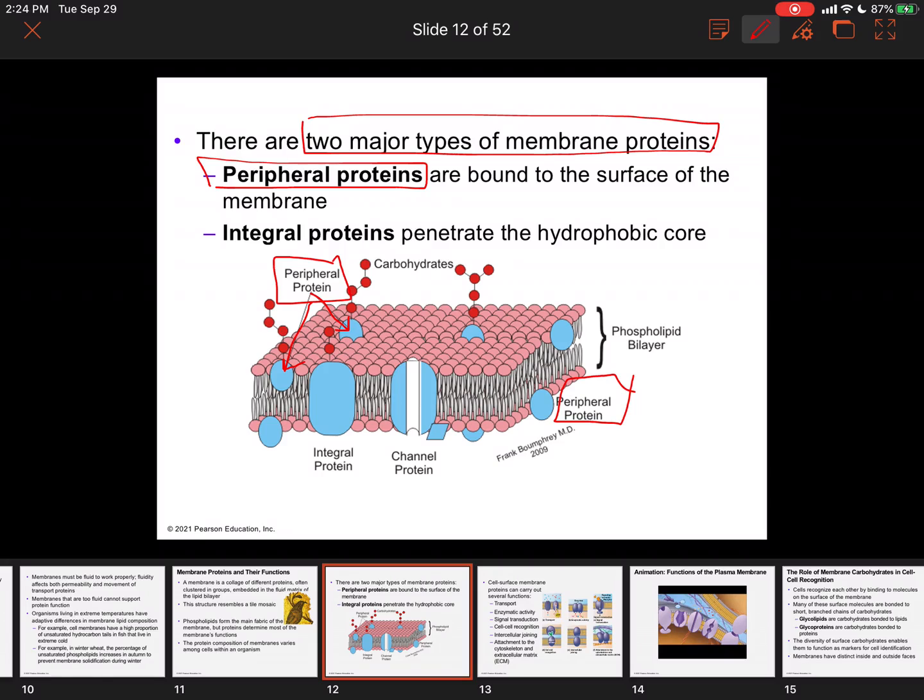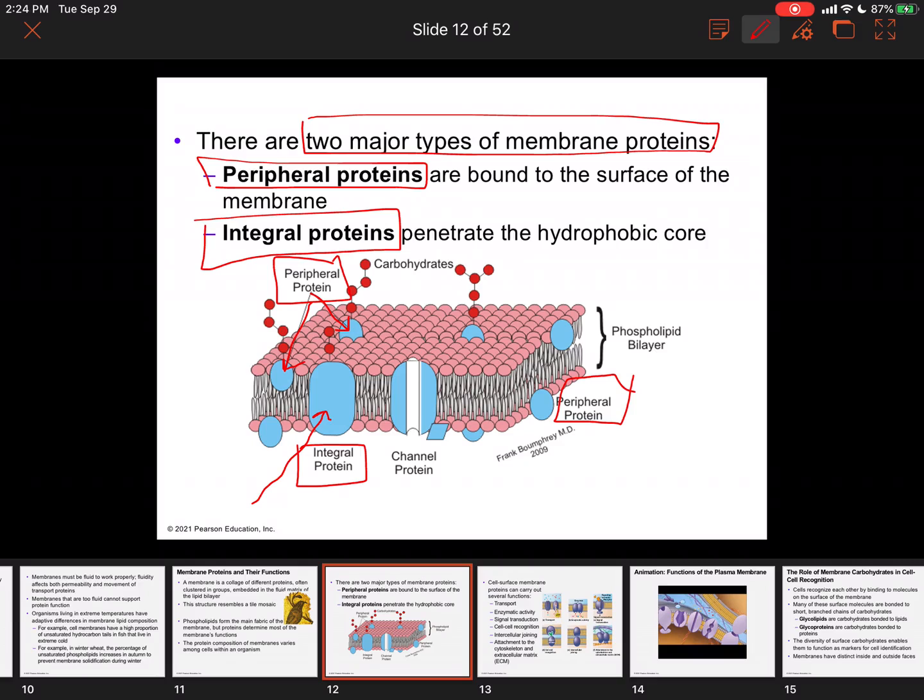And then we've got integral proteins. Integral proteins run throughout the cell surface, so they penetrate the hydrophobic core. And so here's our integral protein right here. And these integral proteins we're going to see are important for moving molecules in and out of the cell.